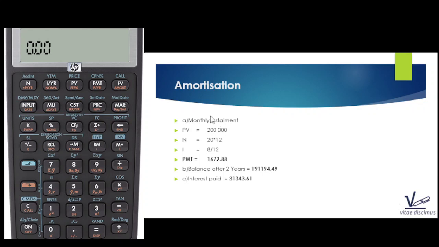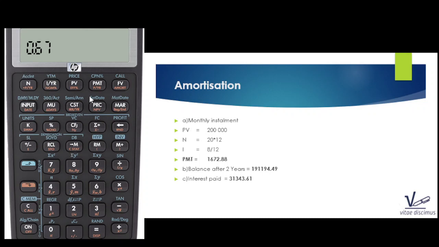So our inputs would be the PV, the 200,000, then your N will be 20 times 12, then your I will be 8 divided by 12, then you compute the payment. To do that in our financial calculator, you say 200,000, which is our PV, then 20 times 12 is our N, then 8 divided by 12 is our interest.